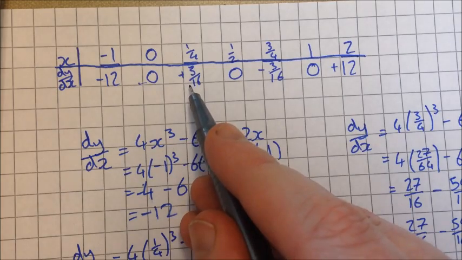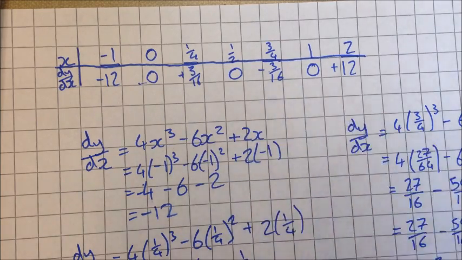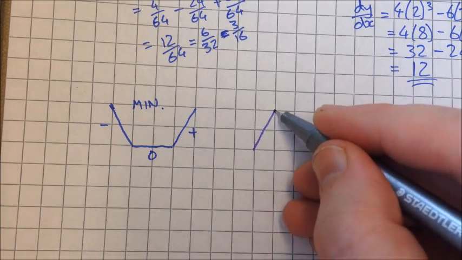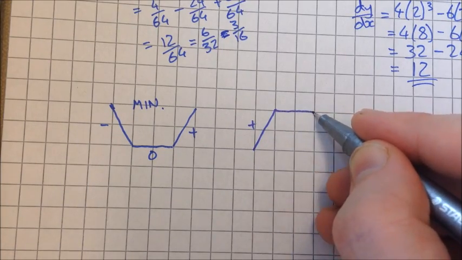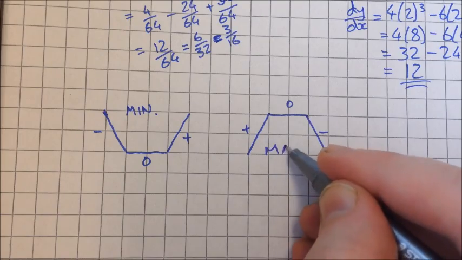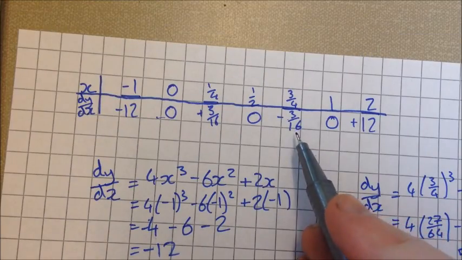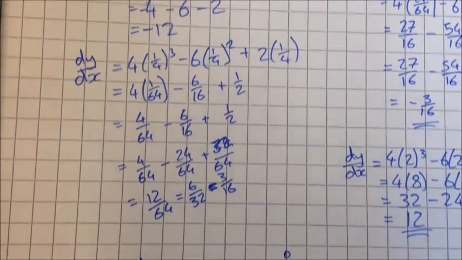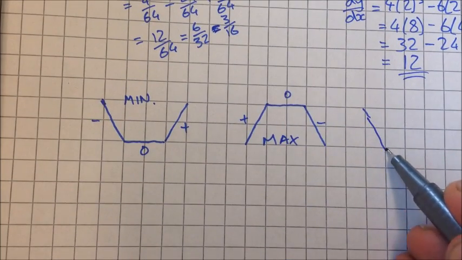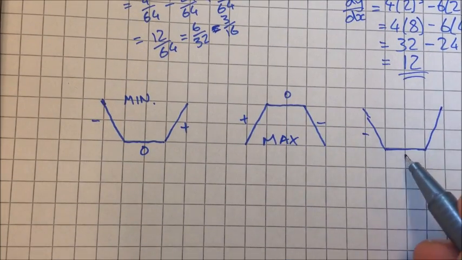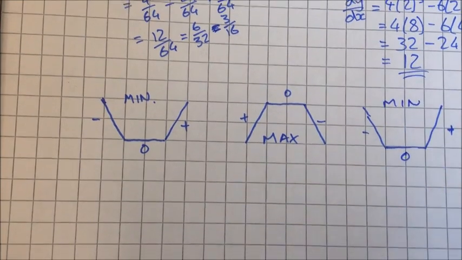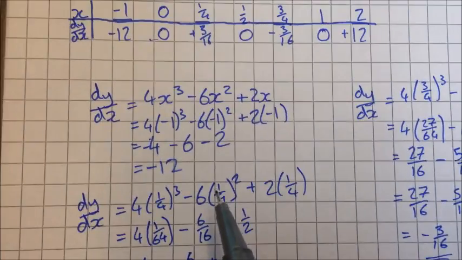Next three, positive, 0, negative. That's a maximum. And last three, negative, 0, positive. That's a minimum.